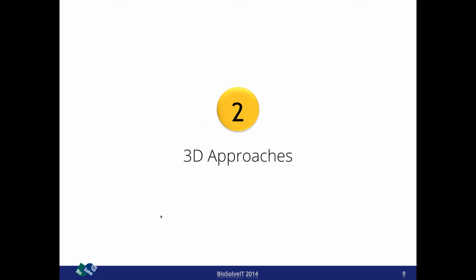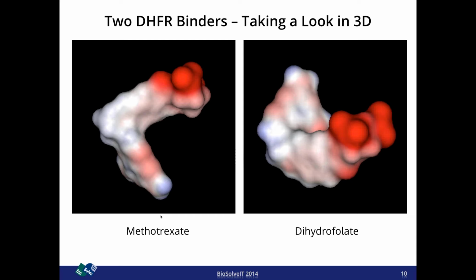So let's first focus on the 3D approaches. Coming back to our initial example, here we have a 3-dimensional display of MTX and DHF. And you can already guess what's in between here. In the MTX case on the left-hand side, we see something which looks pretty red up here and bluish-white down here, whereas this compound looks pretty red down here and pretty bluish-white up here.